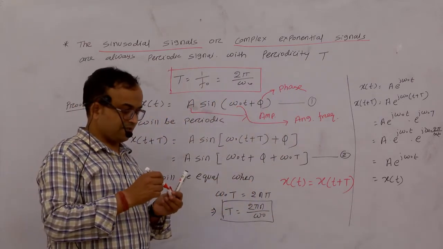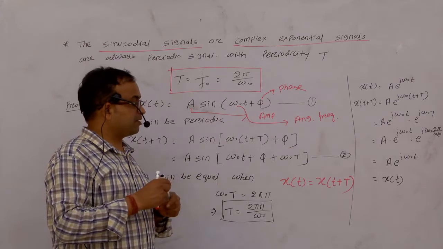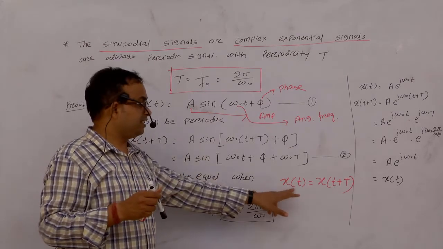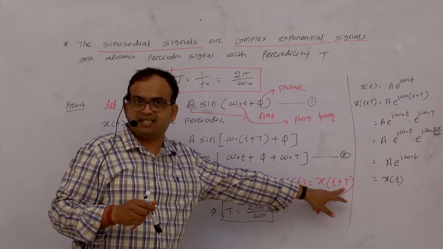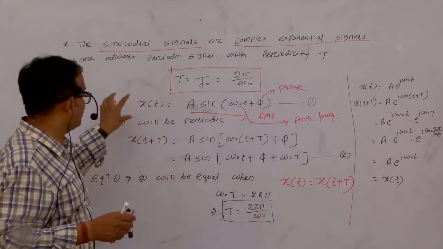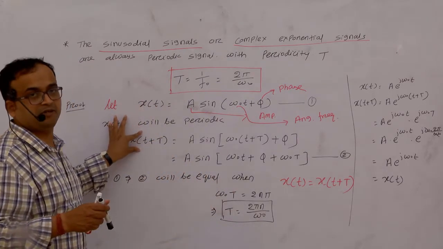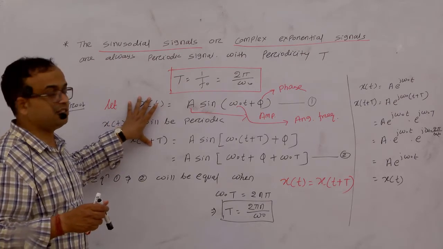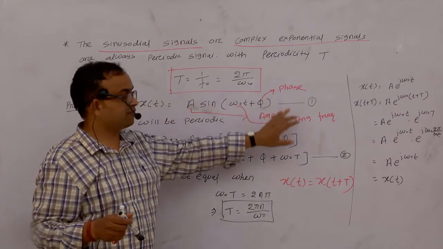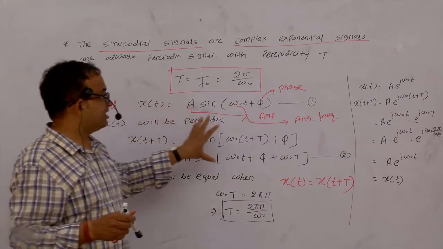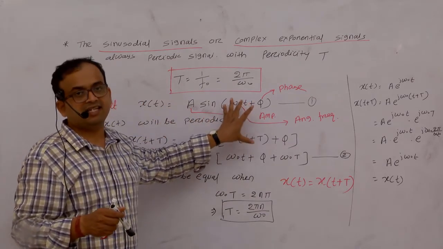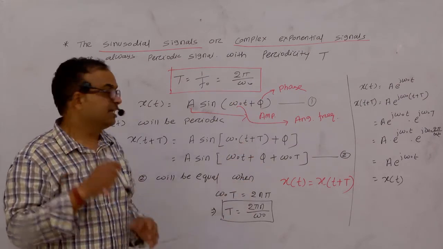A short while ago I told you that x of t equals x of t plus T, where capital T is known as the periodicity. So x of t equal to x of t plus T means the left hand sides of equation number 1 and equation number 2 are equal. If the left hand side is equal, can I tell that the right hand side is also equal? Yes, the right hand side must be equal. But in this case, what happens?